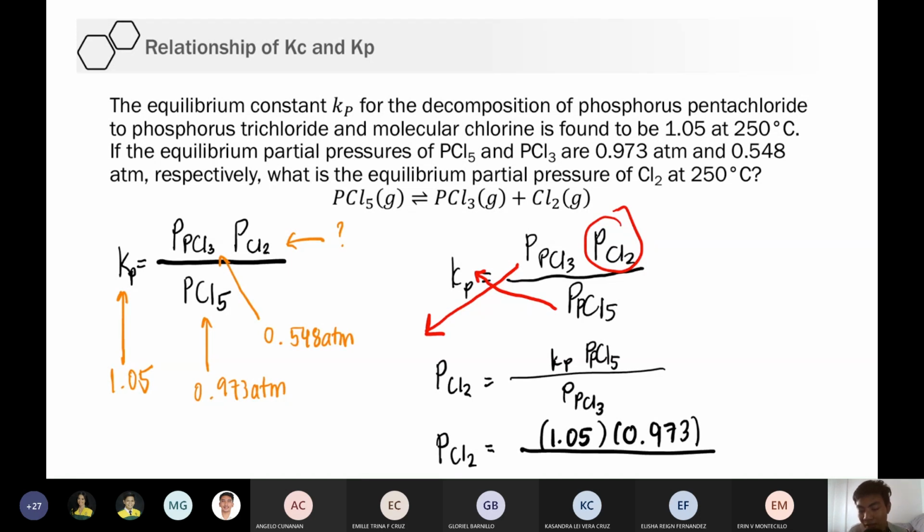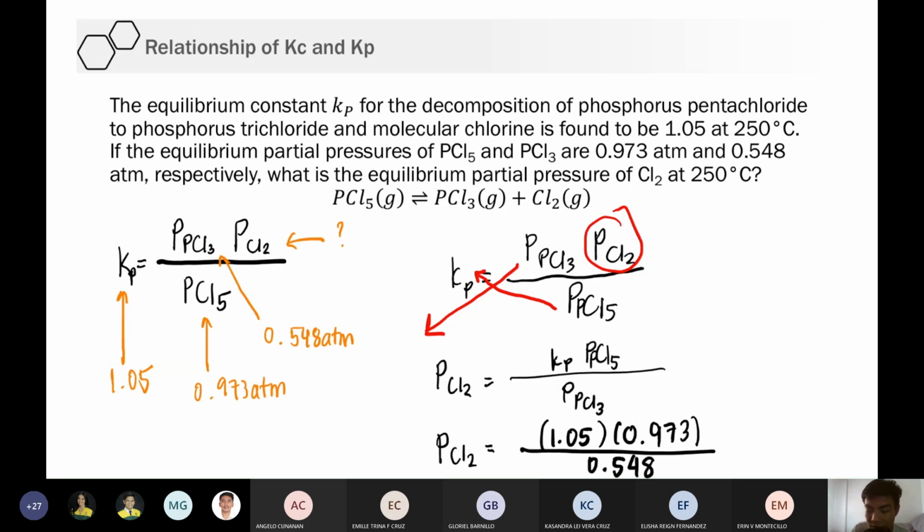Thermodynamics yan eh. Thermodynamics yung principle nito. So, sa thermodynamics, di talaga kami gumagamit ng units doon. Numbers lang. So, kapag ilalagay mo yung pressure, wag mo na ilagay yung unit, just the number. And then, sa PCl3, that will be 0.548.